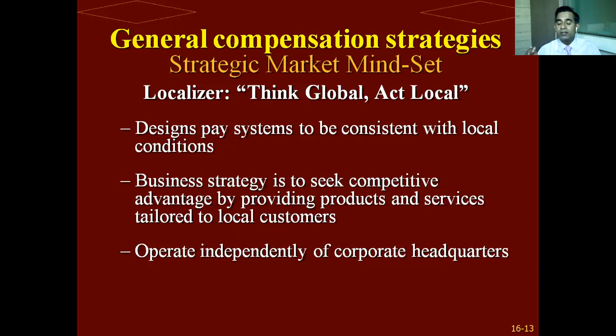At present, the customers of Walmart's Best Price wholesale here are Kirana stores, restaurants, military canteens, and so on. They operate independently of corporate headquarters. Since the pay systems are designed to be consistent with local conditions, they operate independently of the corporate headquarters, so it is more customized. This is the first general compensation strategy in determining the international pay system.